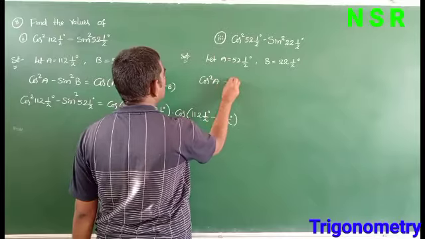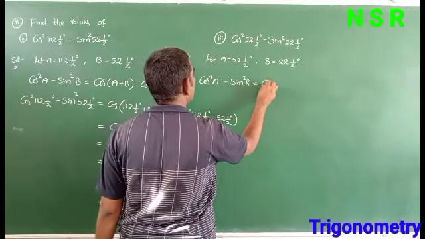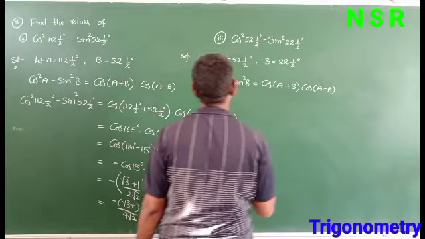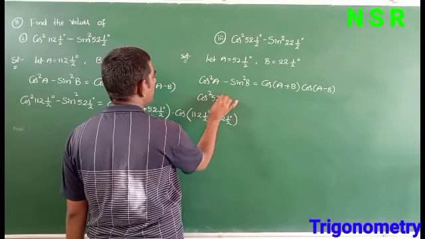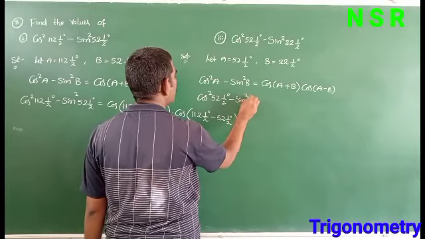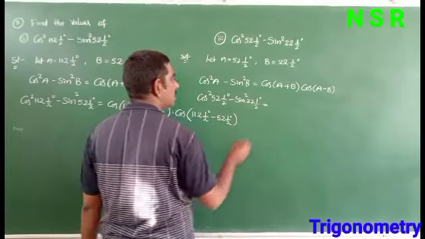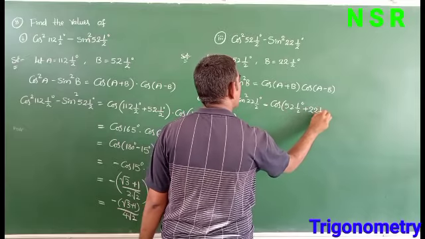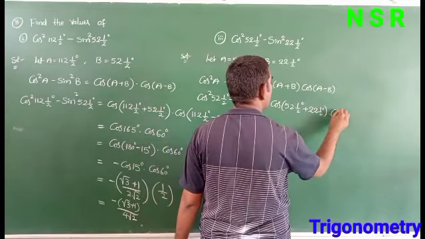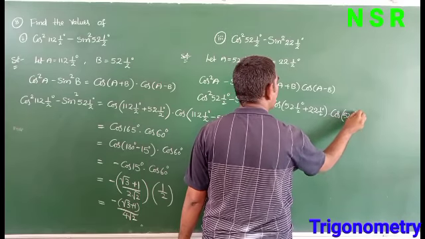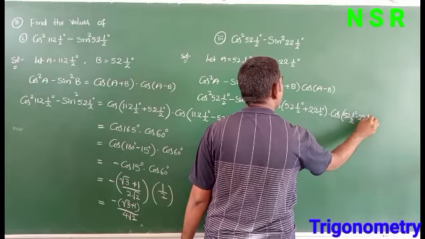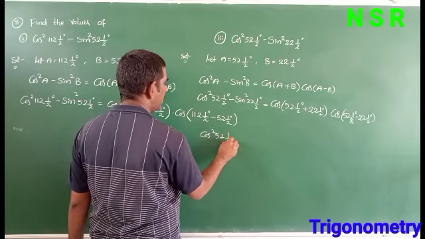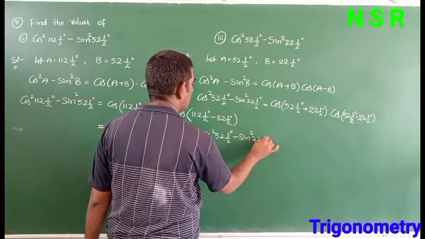Here also apply cos square A minus sin square B is equal to cos A plus B into cos A minus B. So write cos square 52 and half minus sin square 22 and half is equal to cos of A plus B, cos of 52 and half plus 22 and half degrees, into cos A minus B, 52 and half minus 22 and half degrees.